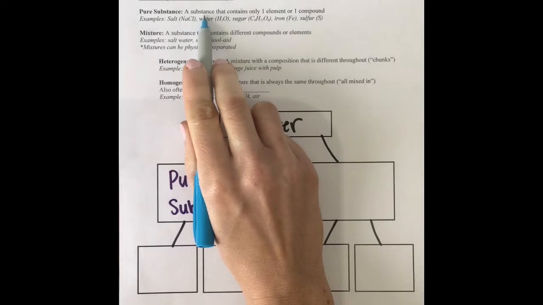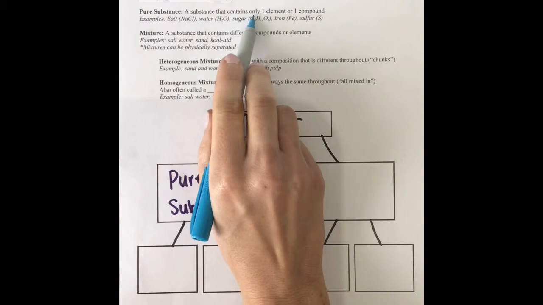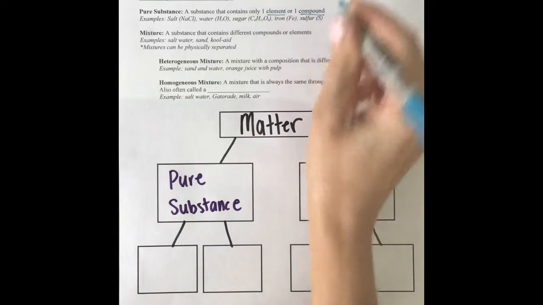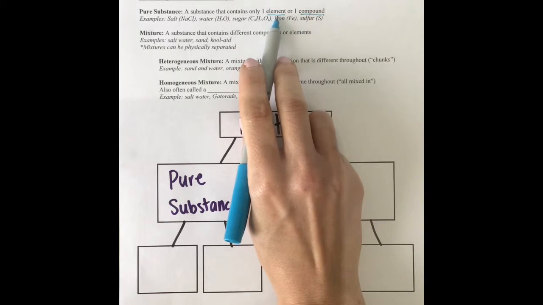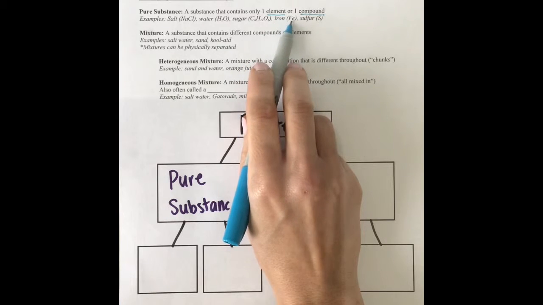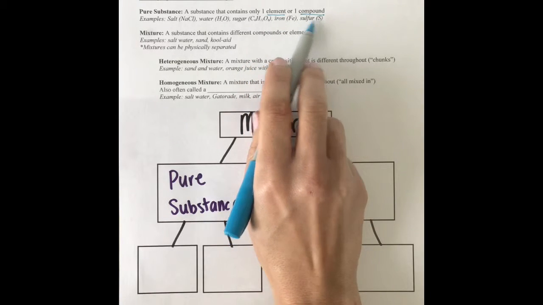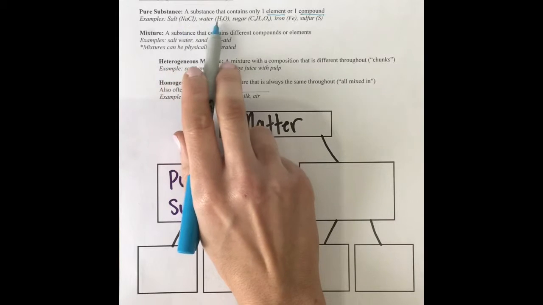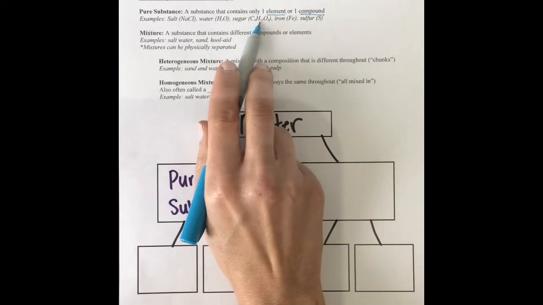It says it's a substance that contains only one element or one compound. Okay, and we know that an element is something on the periodic table like iron or sulfur. It has a chemical symbol. And we talked last week that a compound would be when you combine two or more elements chemically.